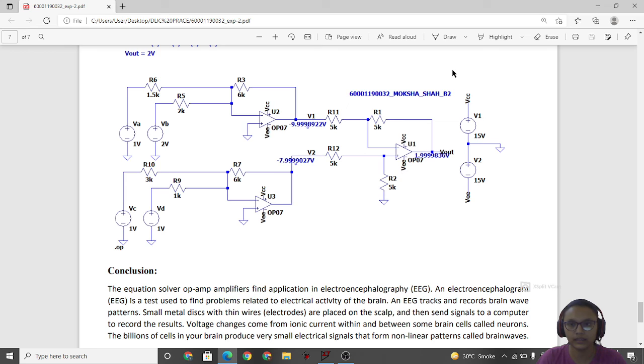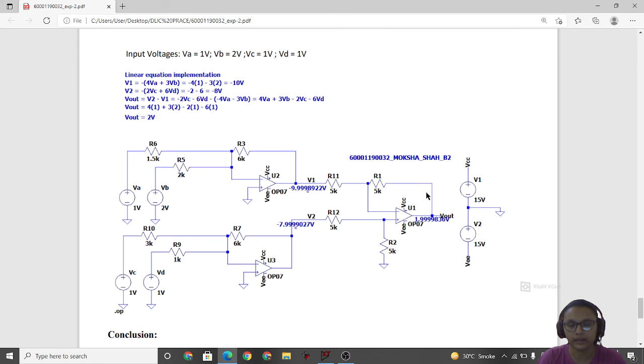Now the outputs of both these op-amps are given to the inverting and non-inverting sides of the last op-amp. This part will act as a subtractor, so we do non-inverting minus inverting. This output is given to the non-inverting side, and the first one is given to the inverting side. So in the equation we get V2 minus V1.